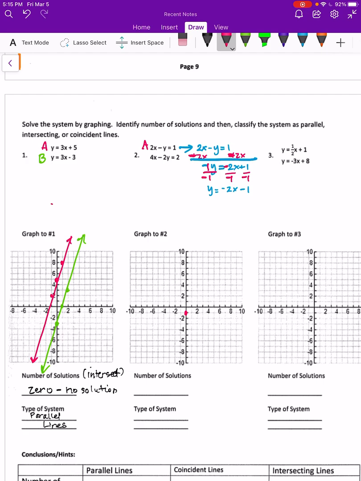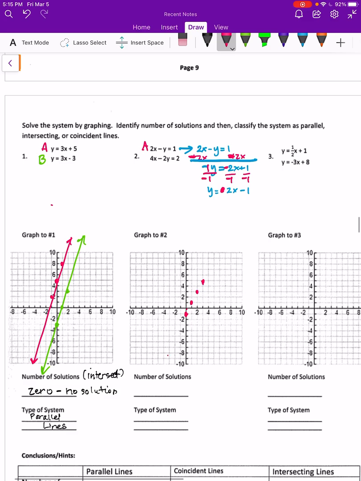So this should be a negative 2, so now that makes this a positive 2. So let me get rid of that. Hopefully you were yelling at me, saying, Mrs. Smith, you've got it wrong. All right, so let's go back. Negative 1. And now you're going to go up 2 over 1, up 2 over 1, up 2 over 1. Pick up your ruler and draw a line that intersects like so. And you know what I forgot over here too? Boy, this is what I do.